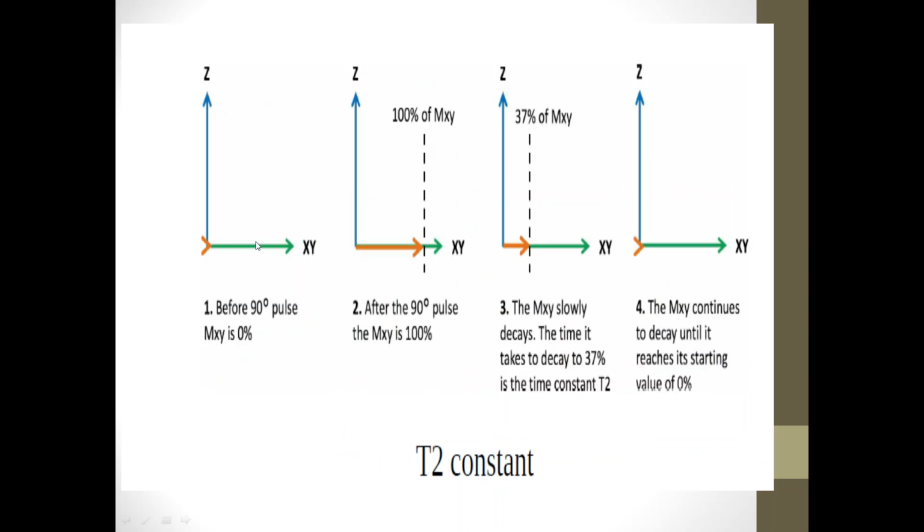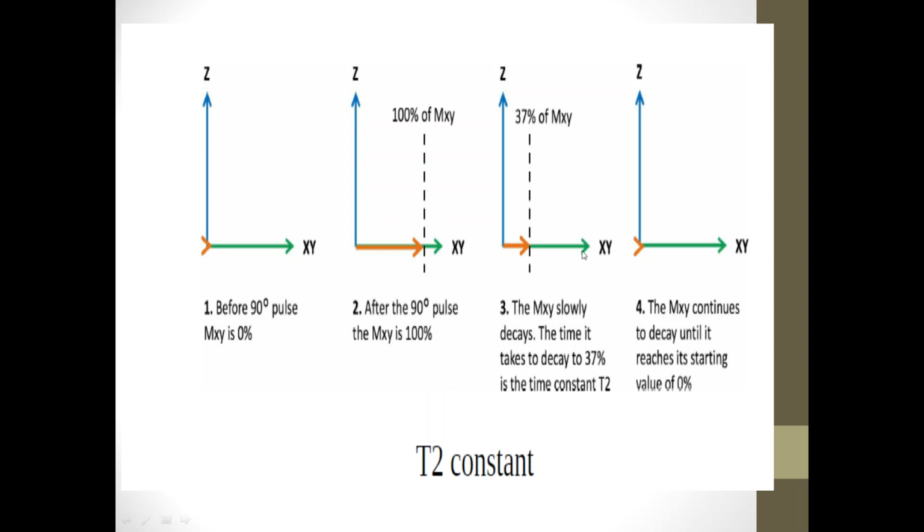Here Mxy. Before the 90-degree pulse, Mxy is 0%. After the 90-degree pulse, Mxy is 100%. So we switch off the radio frequency pulse here. What will happen? The Mxy decays until it reaches 37% of Mxy.